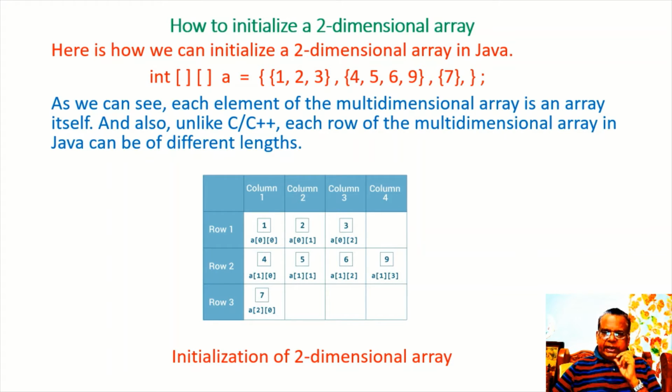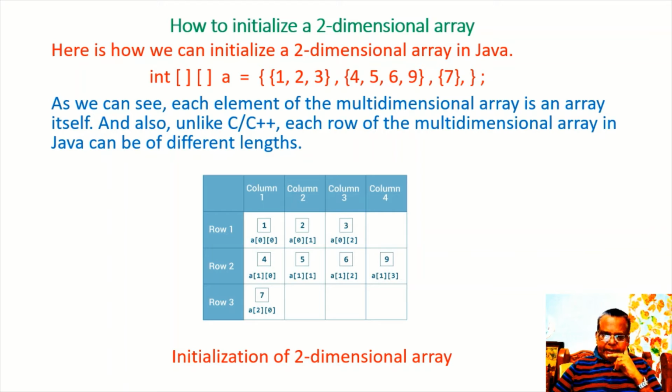Look, each element, for example, row 1. Row 1 has got 3 elements only. So that means its column 1 is filled, its column 2 is filled, its column 3 is filled: 1, 2, 3. The column 4 of row 1 is not filled. It's vacant.